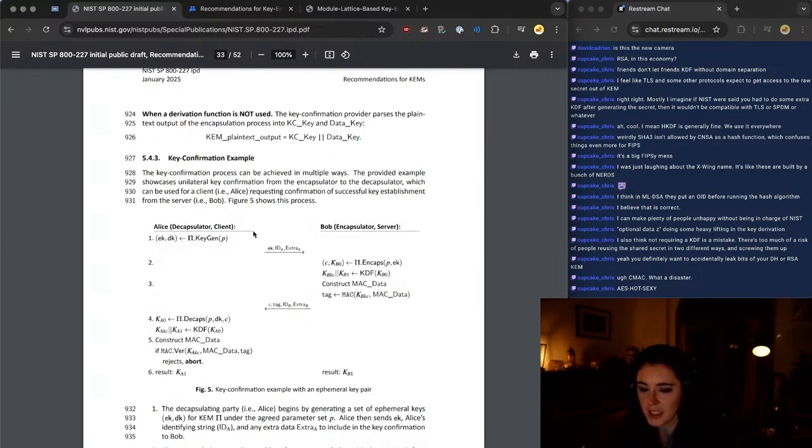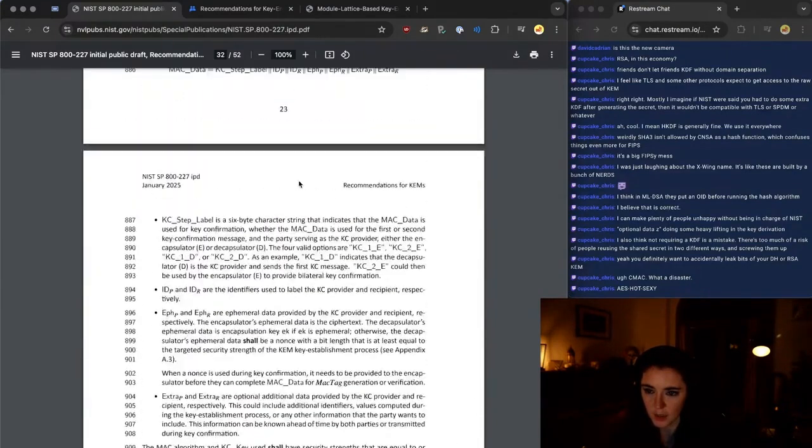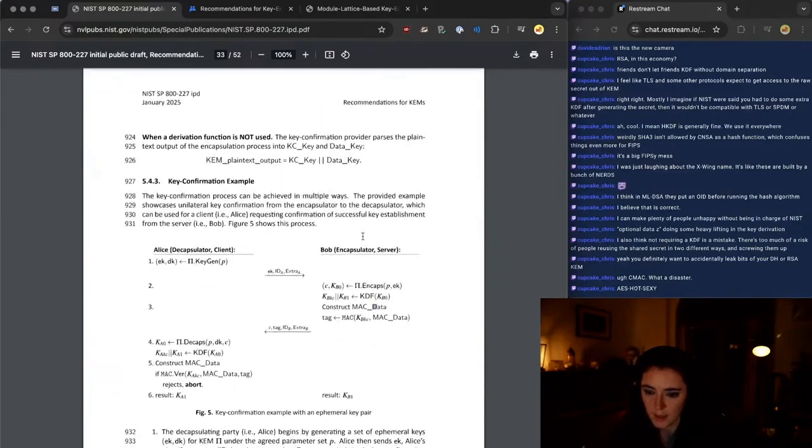Okay, and this is a similar protocol to figure 4, except it's doing this key confirmation explicitly. So you take your shared secret from encaps, you put it through a KDF, you get your key confirmation bits, your data encryption bits, you do the MAC construction that we saw way up here. And then you MAC over that data with the bits that came out of your shared secret just for that.